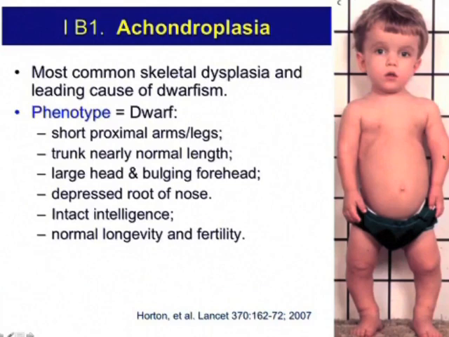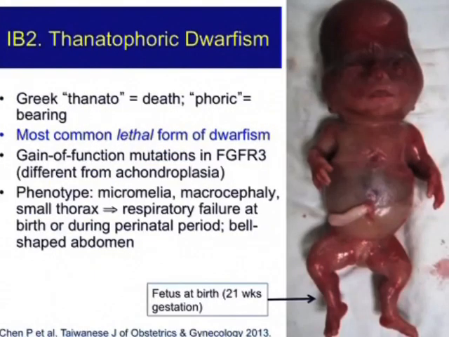And they get relatively large heads. They can have some protrusion of the forehead, some depression of the nasal root. But these patients have relatively intact intelligence, and they live a normal life. So this is as opposed to the next form of dwarfism, which we'll talk about.